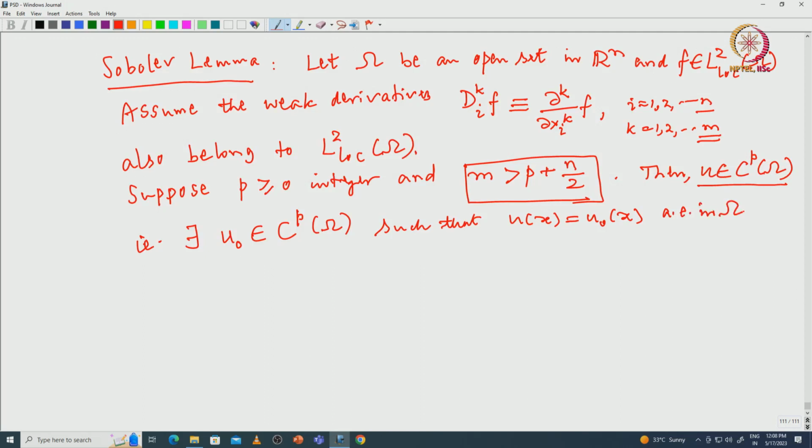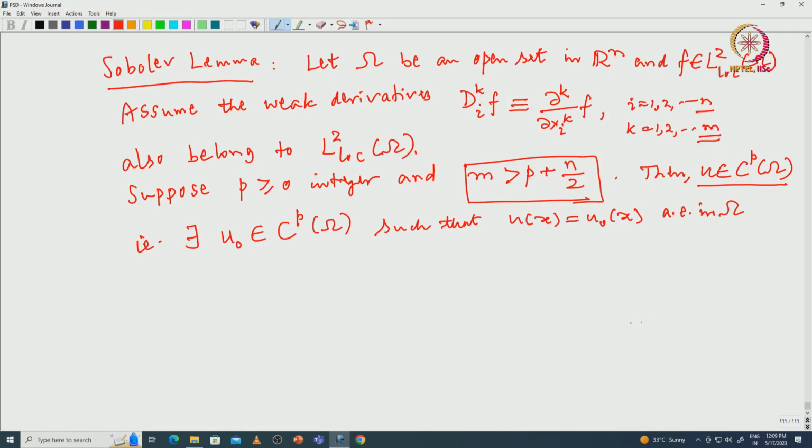So, if an L2 loc function possesses weak derivatives which are also in L2 loc, a sufficient number of times, so m should be larger than this. In particular, if we take p equal to 0, so m bigger than n by 2, then we get a continuous function. Just compare this with the exercise I have stated.